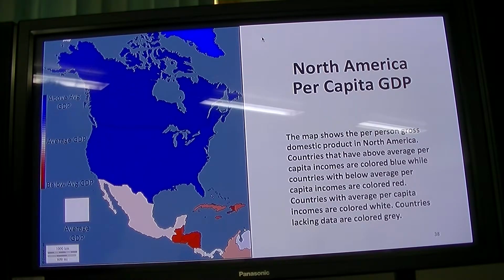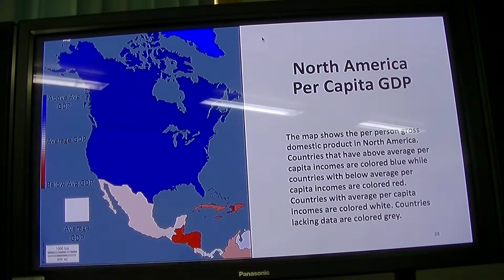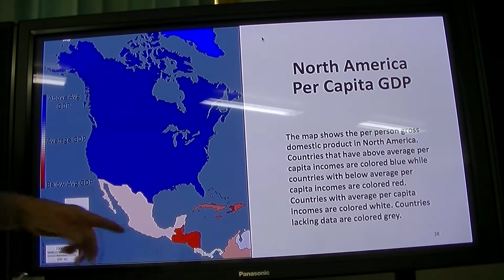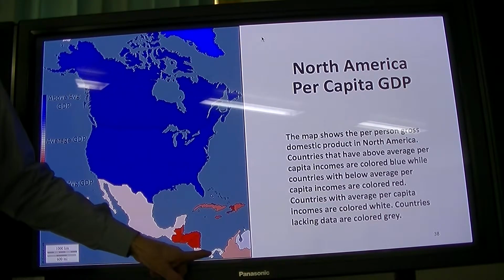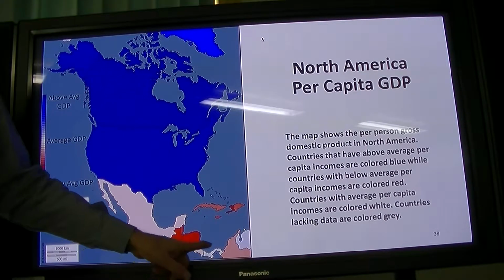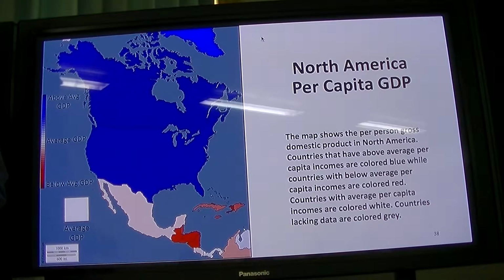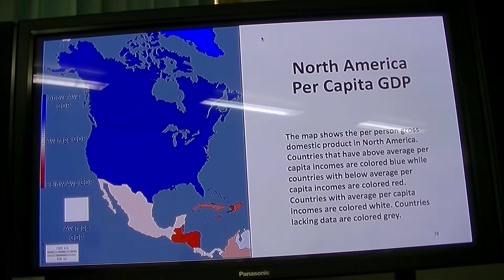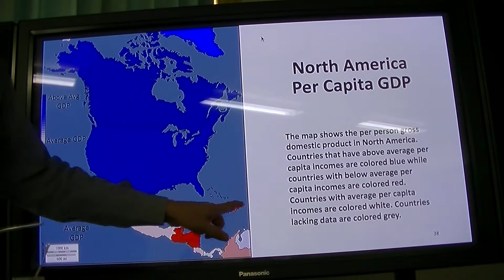A fair bit of, shall we say, dark, shady money is in that country. But it is a financial center for Central America.